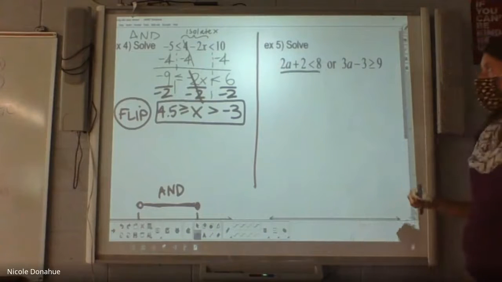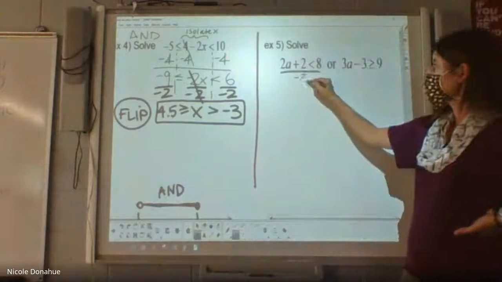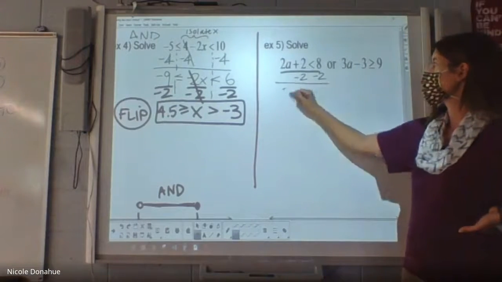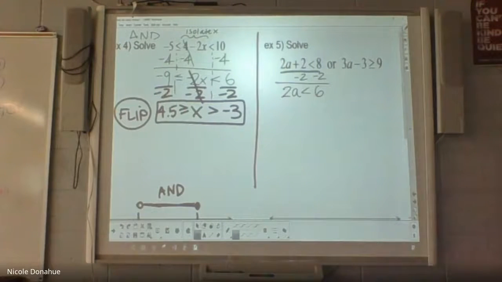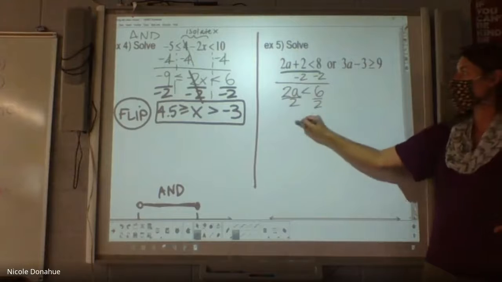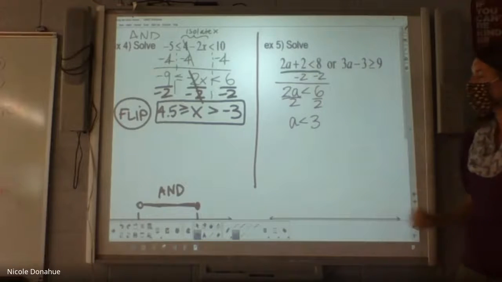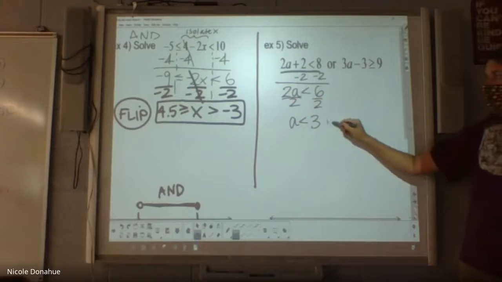What am I doing first? Subtract 2 from each side, and then divide by 2. So a is less than 3.